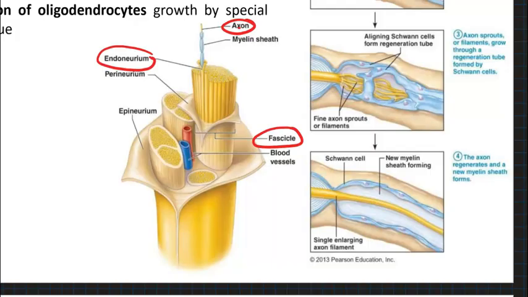Fascia in Latin means a bunch, that's it. Okay, so fascicles contain a bunch of axons wrapped in endoneurium. Each fascicle is bound by perineurium, also a connective tissue covering. And then several fascicles are arranged into a single nerve, which is also covered by a connective tissue called epineurium.